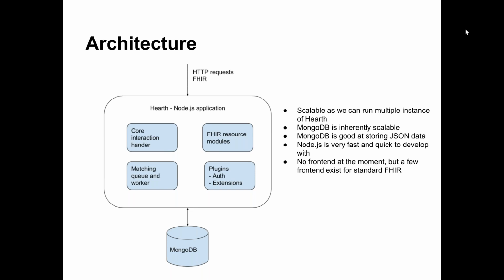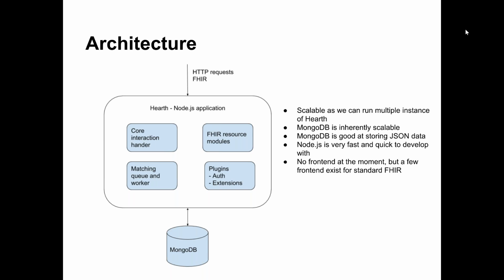And then the core components within the HEARTH server are the four boxes in the middle there. So we have the core interaction handler, which really just handles creates, reads, updates, deletes, history operations, all from the FHIR specification. Then we have on the top right there, the FHIR resource modules.